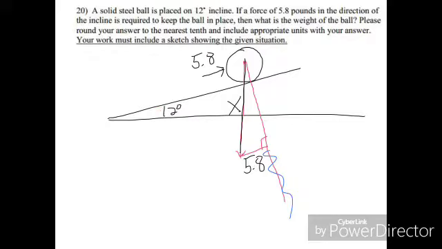Okay, this is how you could approach it. Let's see. This line and this line are parallel, making this a parallel bisector. So this angle is equal to this angle, because again, parallel bisector.